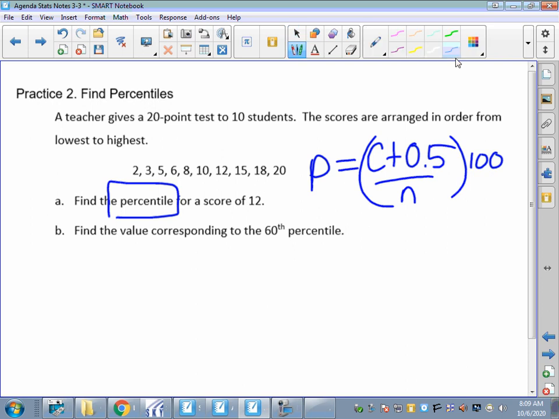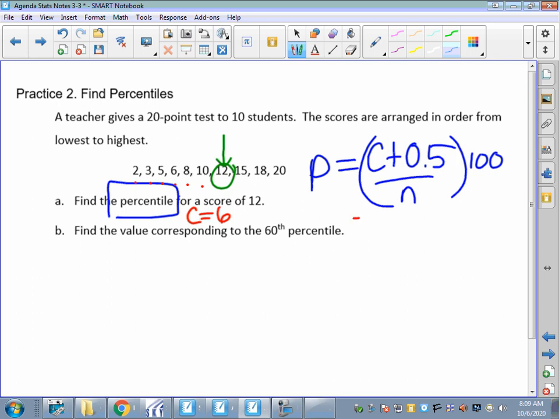So let's see, for a score of 12, here's 12, right? So what we put in for C is the number of data values below 12. These have to be arranged in order. So our C value for this is actually 1, 2, 3, 4, 5, 6. C equals 6 because there are 6 data values less than 12.